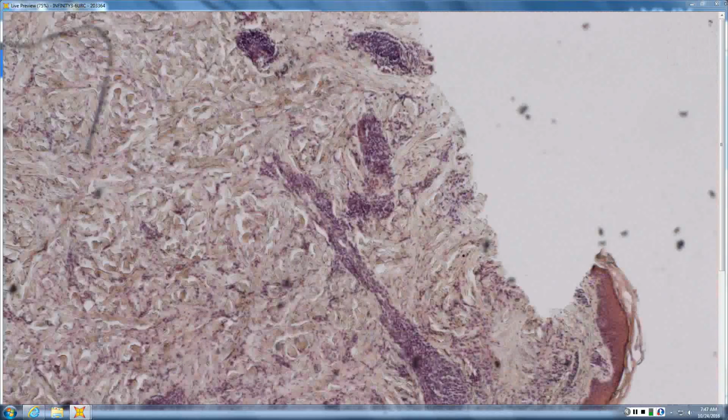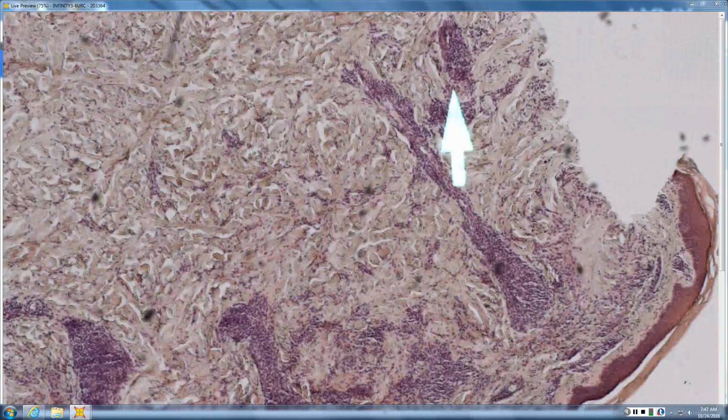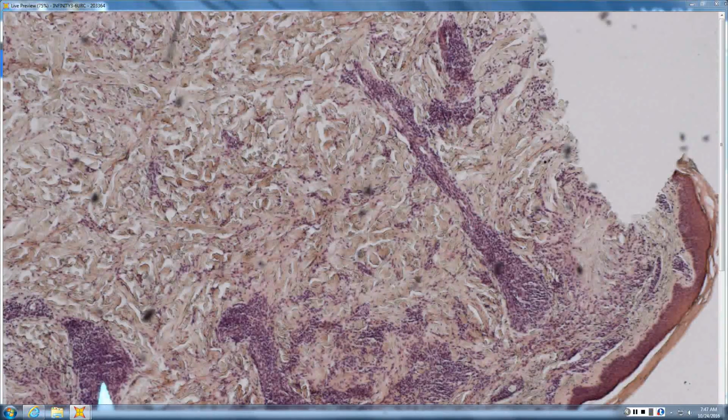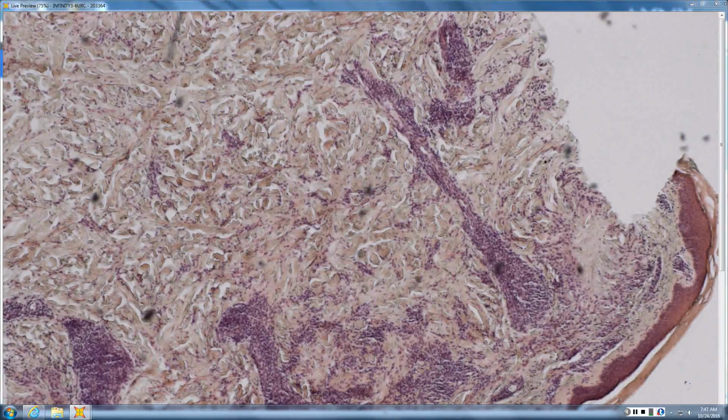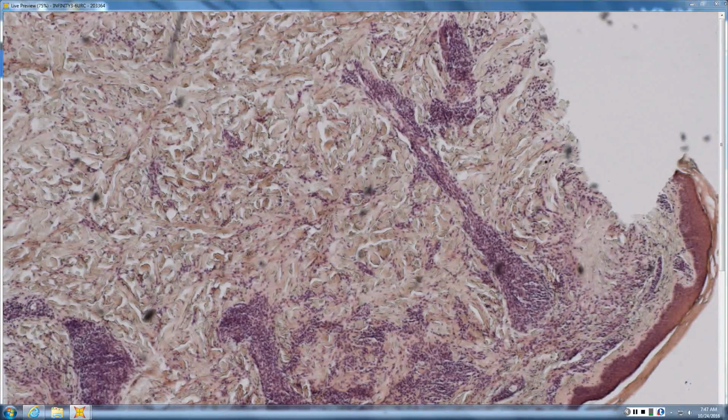The other important thing about this slide is the patchy lymphoid infiltrate. GA can have a very prominent lymphoid infiltrate or a very scant one, so it can be either way: very few lymphs or very dense perivascular lymphs.